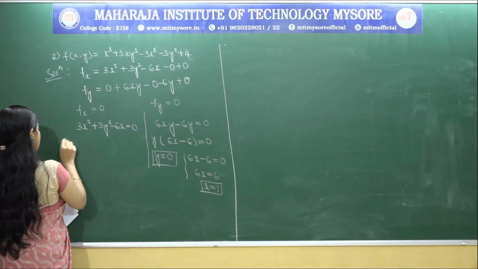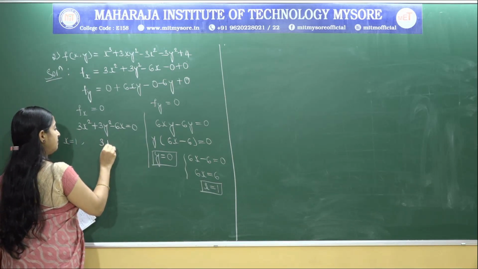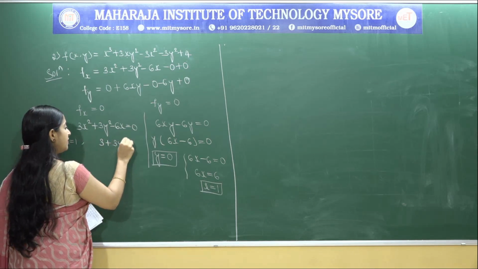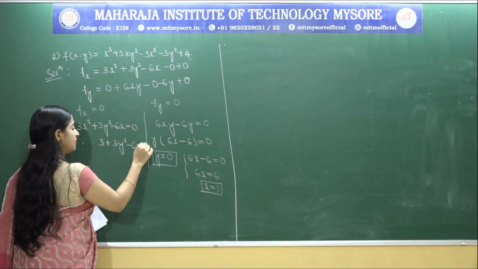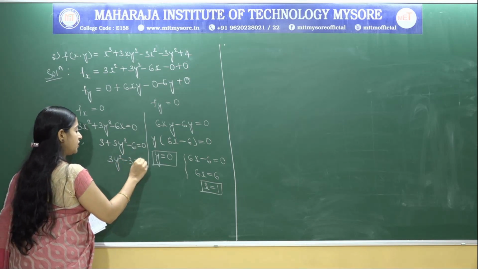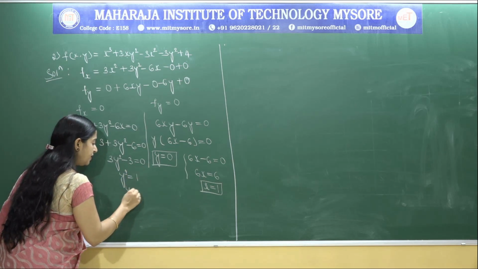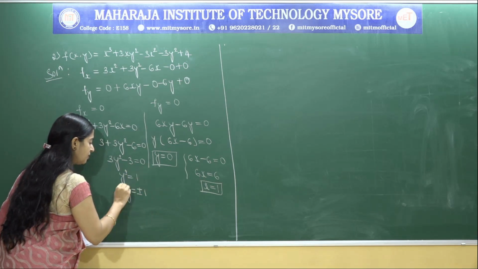Put x equals 1: 3 plus 3y squared minus 6 equals 0. So 3y squared minus 3 equals 0, so y squared equals 1, or y equals plus or minus 1.